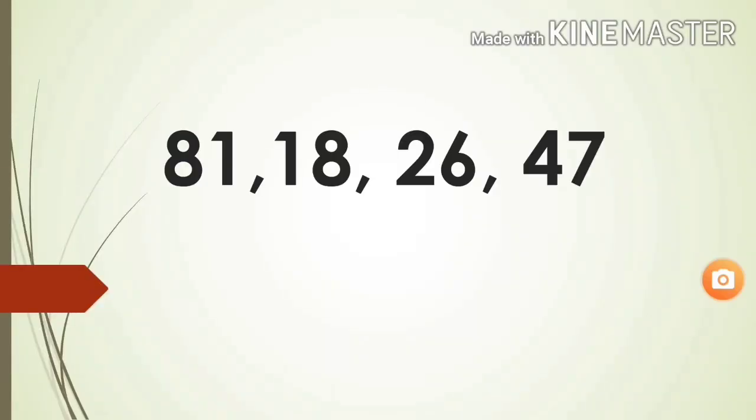For example, if we have to write the numbers 81, 18, 26 and 47 in ascending and descending order, what do you have to do? The first step is to compare the two-digit numbers. The second step is to arrange them in ascending or descending order based on their place values.